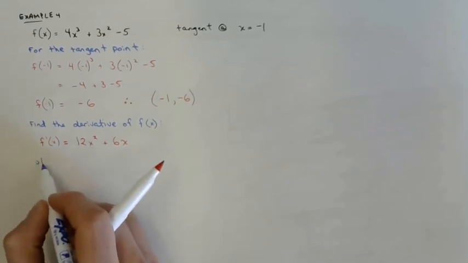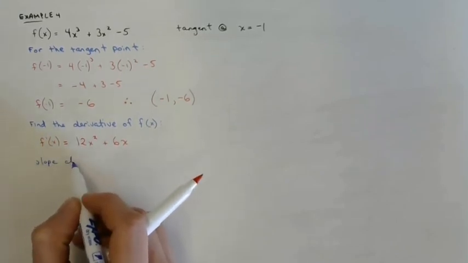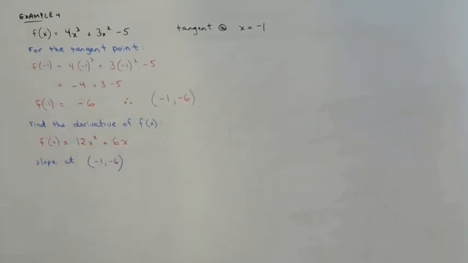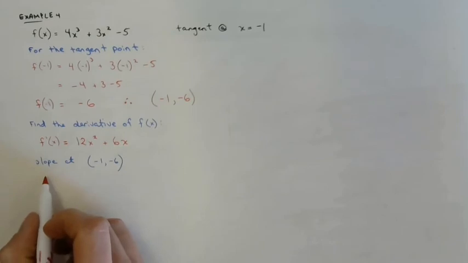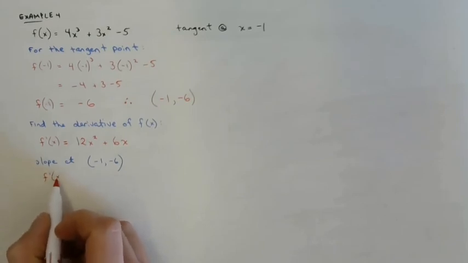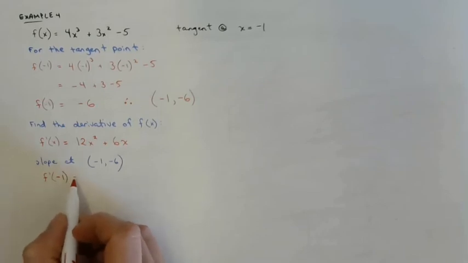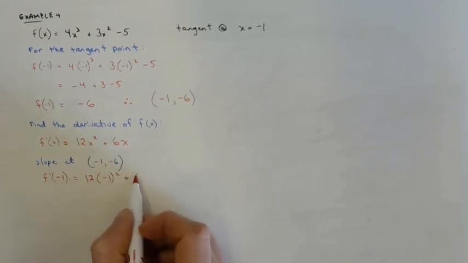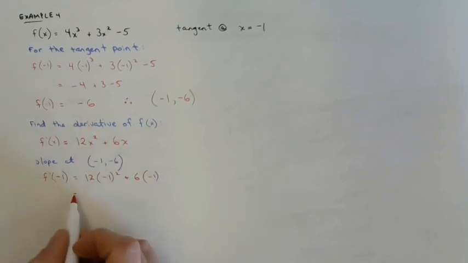Now we need the slope at -1, -6, specifically. So we're putting into our derivative, f prime of x, an x of -1, which gives us 12 times -1 squared plus 6 times -1. -1 squared is +1, that's 12 minus 6, which is 6.